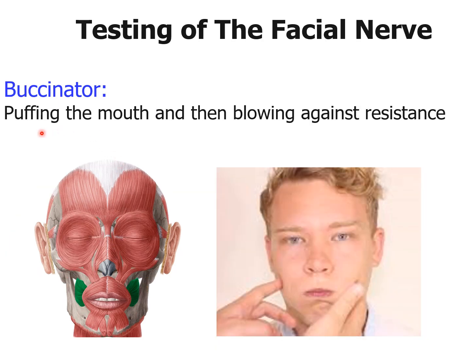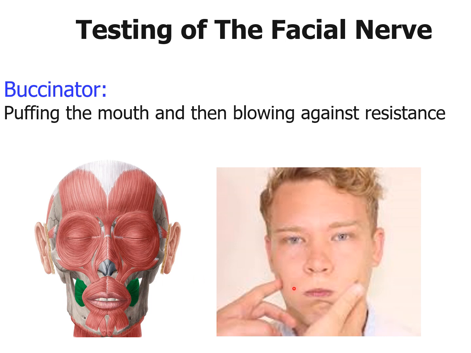The ability to puff the mouth and blow out the cheeks, particularly against resistance, is a function of the buccinator muscle, which is attached to the posterior aspect of the alveolar arches in the molar regions, both in the maxilla and the mandible, and this muscle is responsible for preventing the accumulation of food in the buccal vestibule.